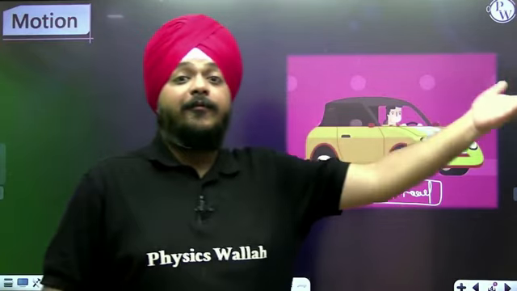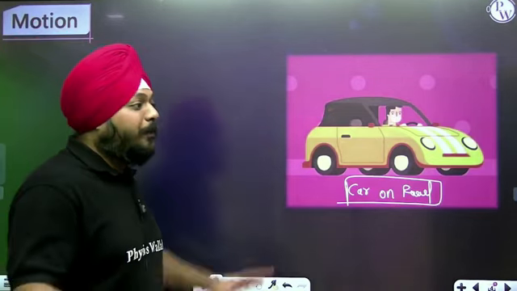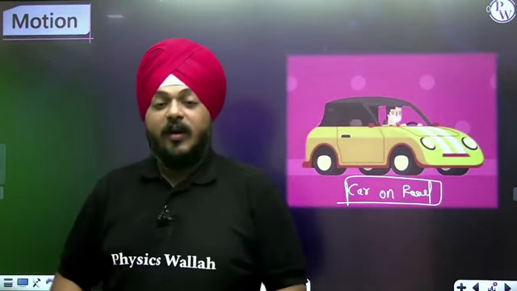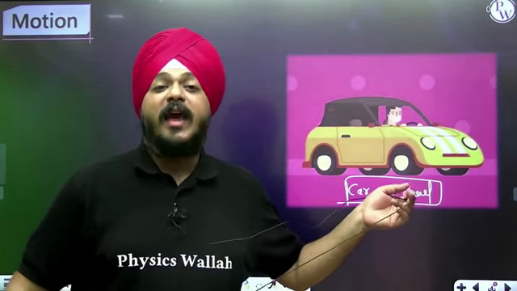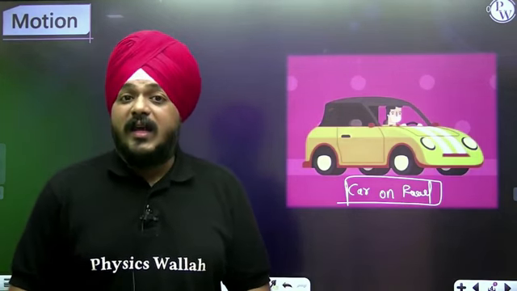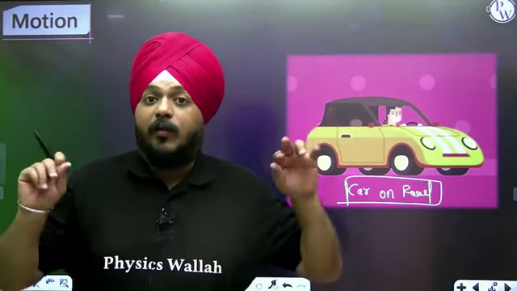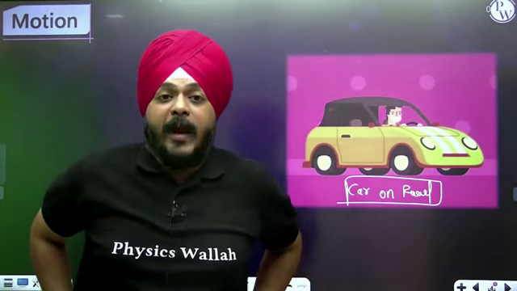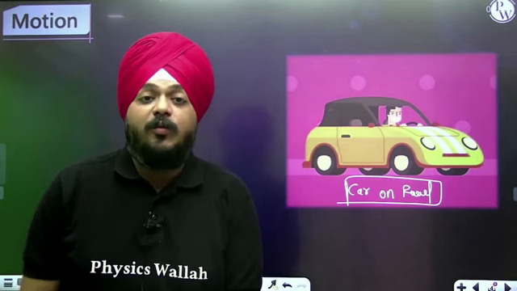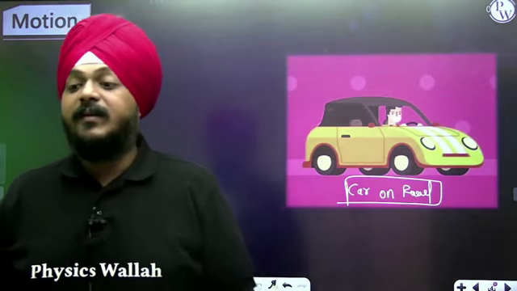So for someone the car is in motion, for someone the car is at rest. So practically we can't say anything. Why? Because everything depends on what the observer is observing in the phenomena. Again and again I am saying, mark my words: everything depends on what the observer is observing in the phenomena.